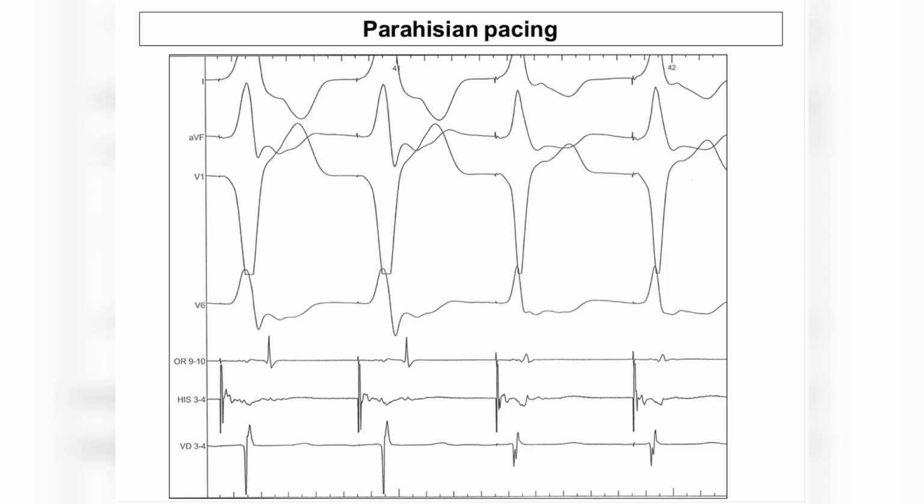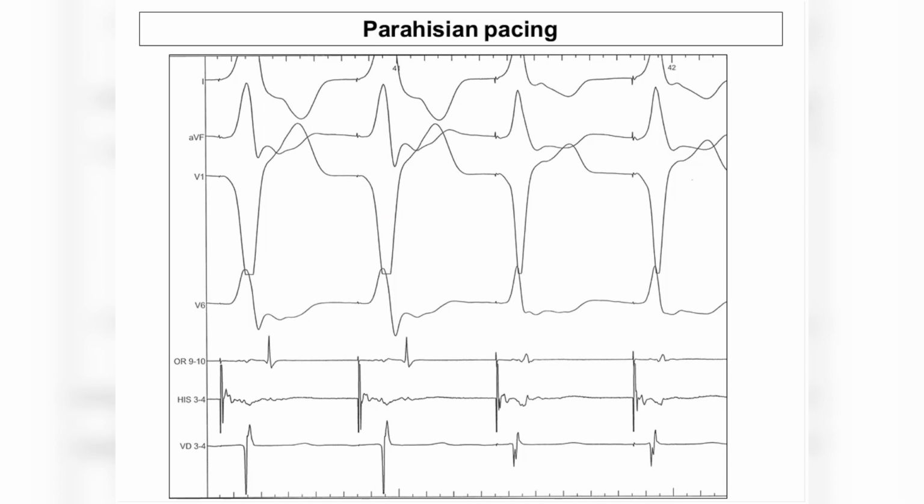Now, how can you tell that? You tell that, as you can see in this example, because the width of the QRS changes dramatically from one beat to another. What we are doing here is that we are pacing with a low output, and we increase, for example, from 3 milliamps.